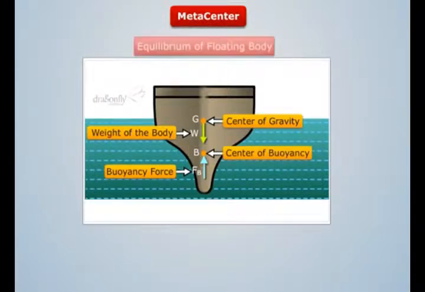Now, for a floating body to be in equilibrium, the buoyancy force should be equal to the weight of the body. Also, the center of gravity and the center of buoyancy should lie on the same vertical line called the center line BG.